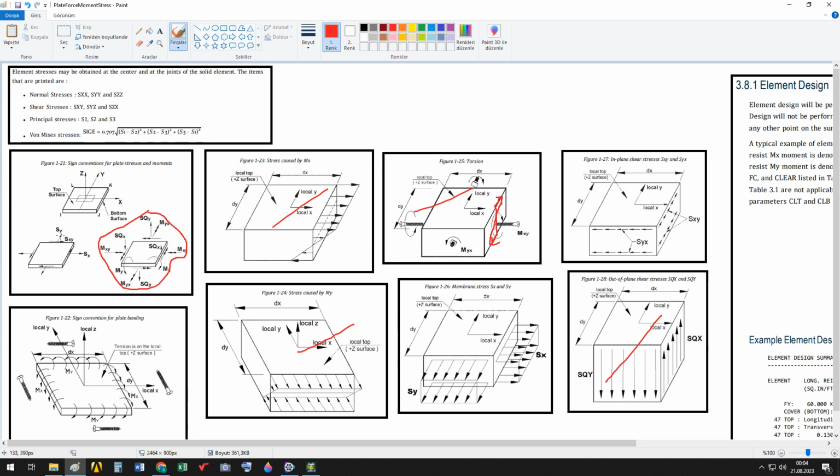Because of those forces, Sx and Sxy, we have those stresses, membrane stresses. Tensile, or if negative, they are compressive. And they are uniformly distributed along the thickness of the plate. And that's the in-plane shear force, and its distribution is given here.